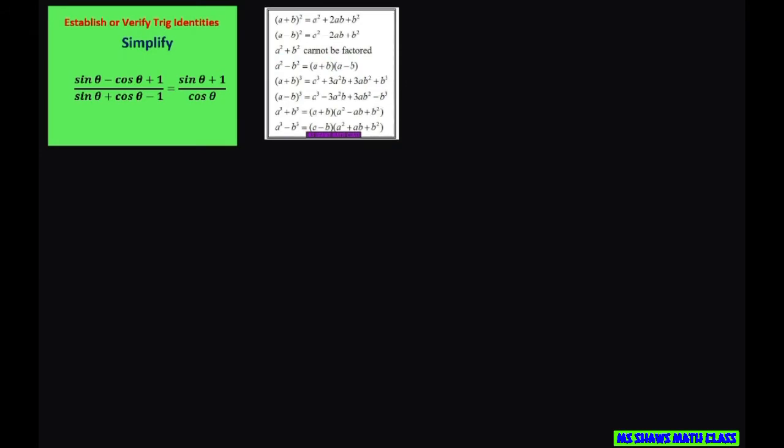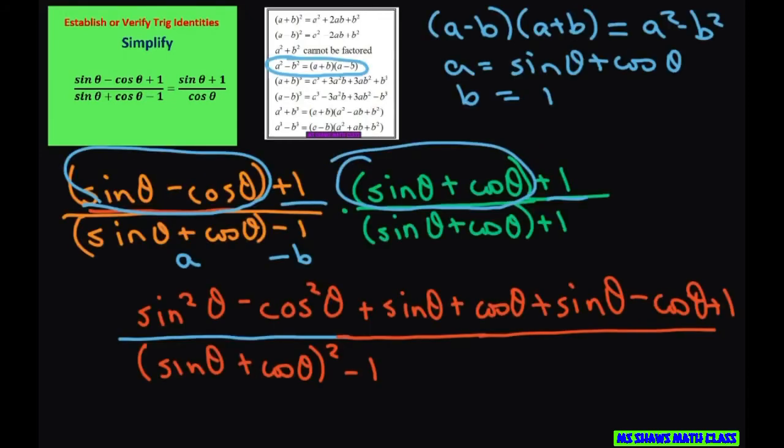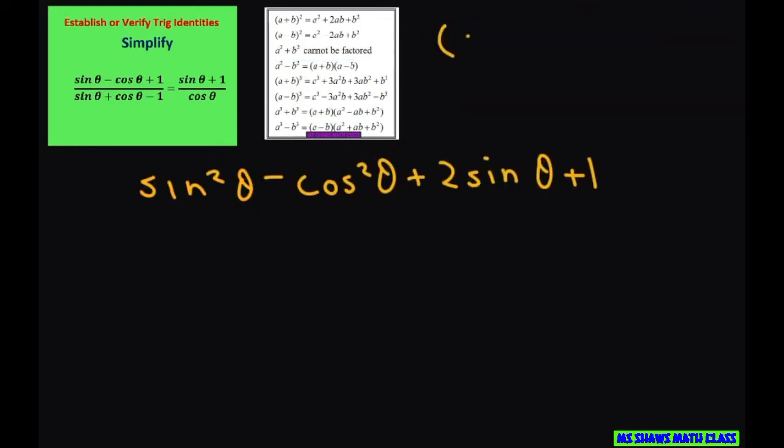So that's going to be sine squared theta minus cosine squared theta. I'm just canceling things in the numerator. There were 2 sines. Then we had plus 1. Now my denominator, what was that? I forgot what we had in the denominator. Sine plus cosine theta squared.